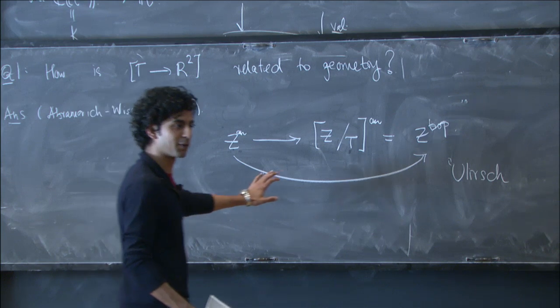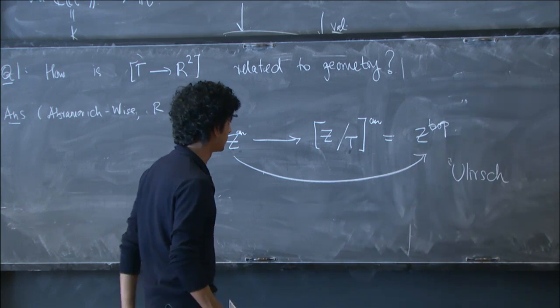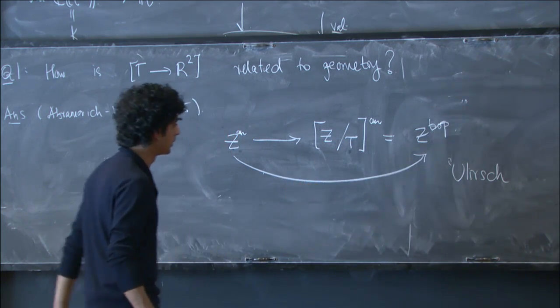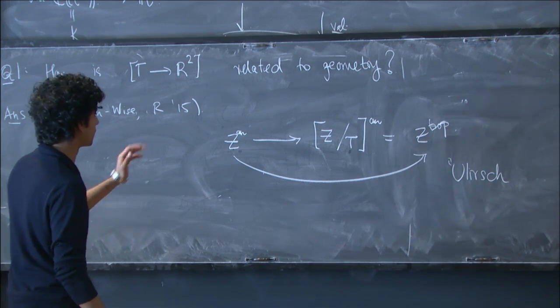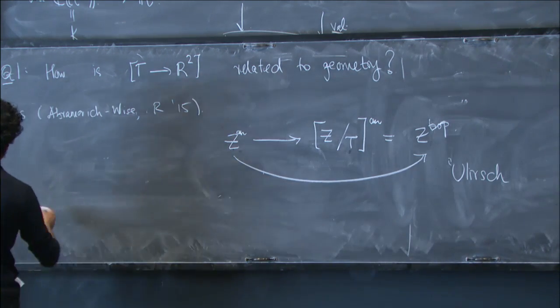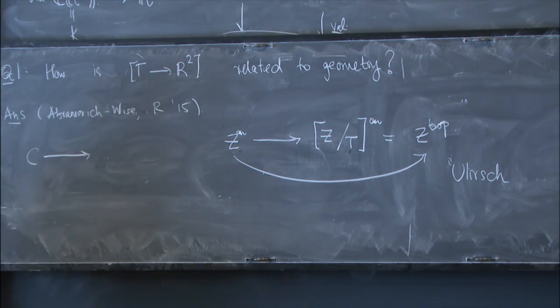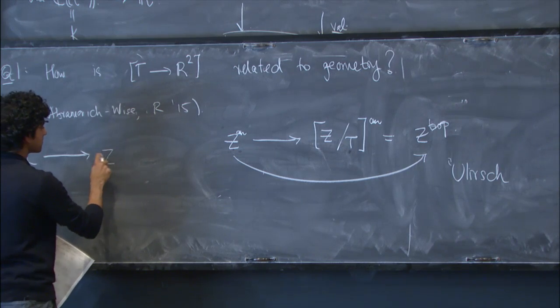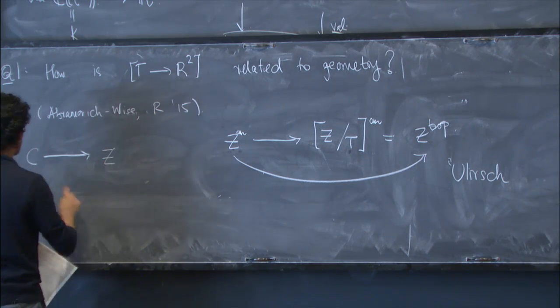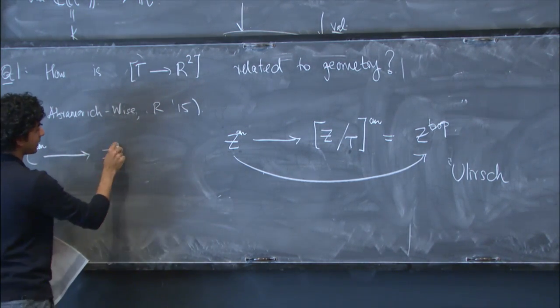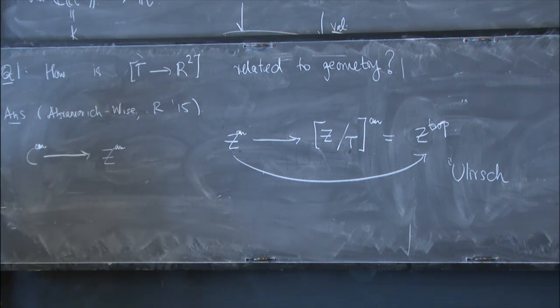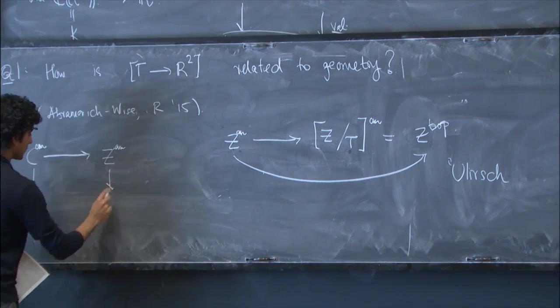So it's just another word for what we had been calling tropicalization all along. Right? So this is some stack theoretic enhancement of what I wrote down earlier. And basically, the way I told you to realize tropical curves earlier was to take an analytic curve mapping into this analytification of a toric variety and then tropicalize.